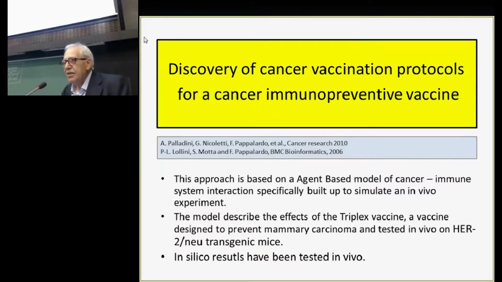To translate into humans, I need to reduce the number of drug administrations, because with an immunopreventive vaccine, you should say to a healthy woman, okay, come and take the vaccine. And he says to me, they don't come to do the test controls, they will come to have the vaccine, they just will not come. So we have to find the minimal administrations.